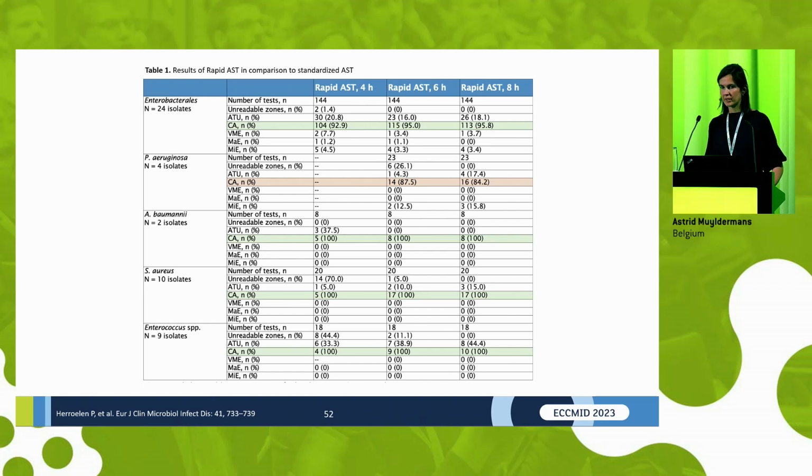Important to mention also is that all MRSA, CPE, and ESBL isolates were correctly identified by the rapid AST. So actually, the rapid AST is a very useful tool which can be easily integrated in the routine thanks to automation by the WASPLab system.